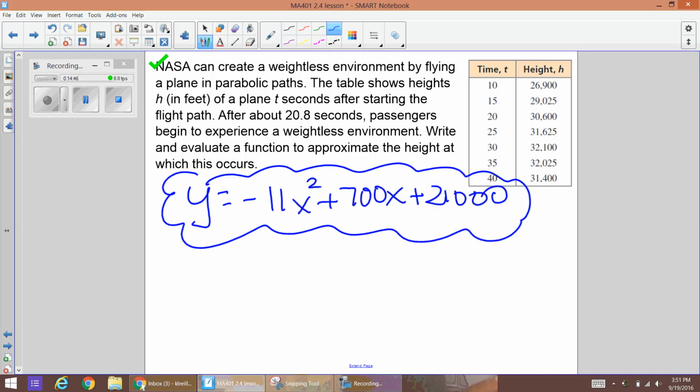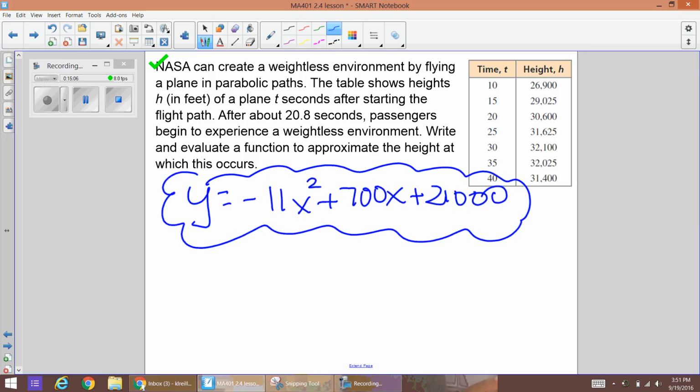So back to our calculator, it's -11, and then I'm opening parentheses and doing 20.8 squared plus 700 times 20.8 plus 21,000.